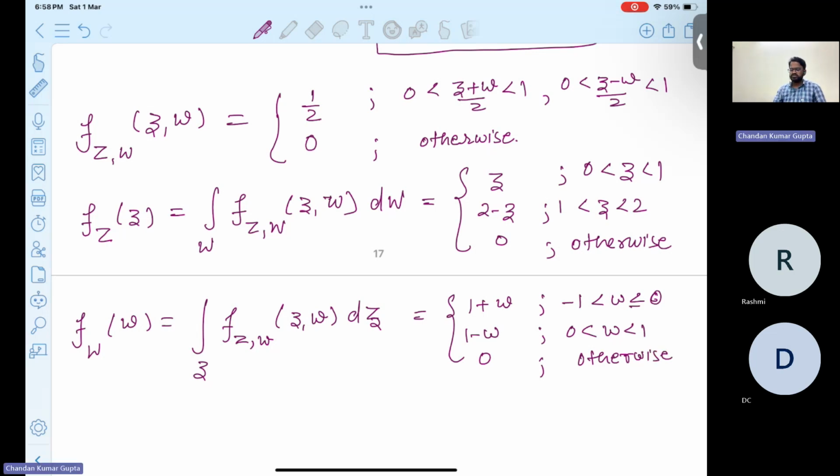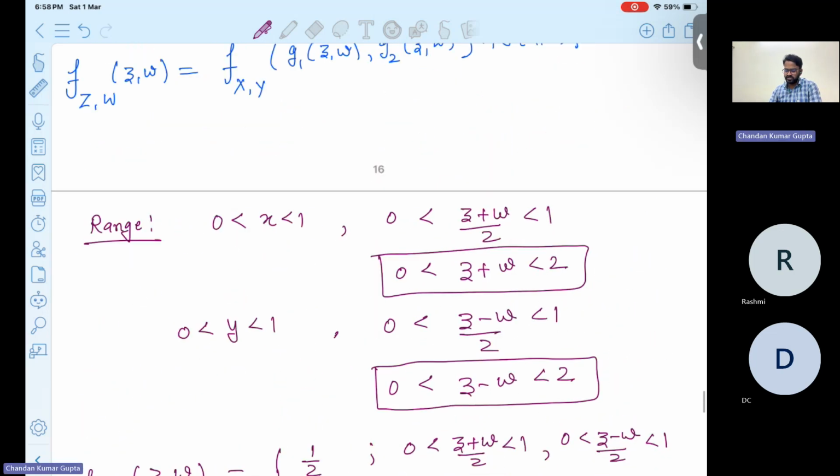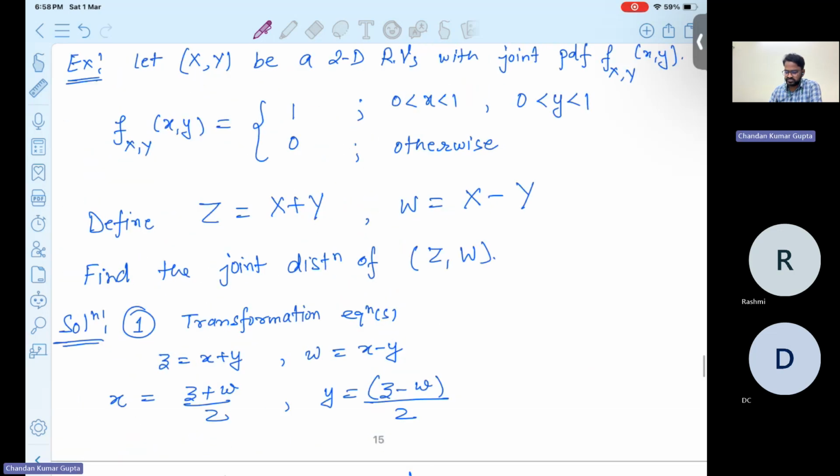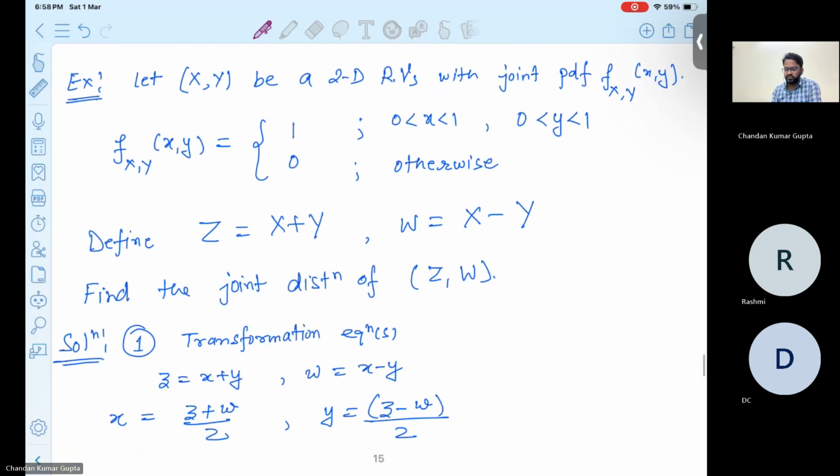Let me take one more recap of what we have done here. We are given x, y, a two-dimensional random variable, defined like this, and we need to find the distribution of some transformed random variables. Here the transformed random variables are z and w, defined as x plus y and x minus y respectively. We need to find the joint distribution.